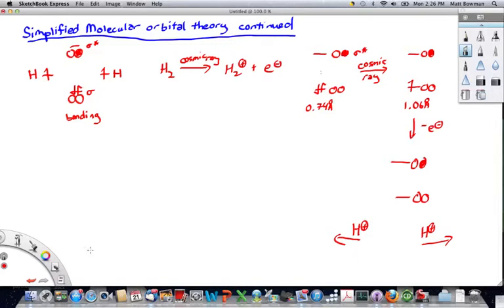Another way of breaking a covalent bond is adding electrons into an anti-bonding orbital. What I mean by that is, say you take hydrogen gas, which has 2 electrons in the bonding orbital, and no electrons in the antibonding orbital.